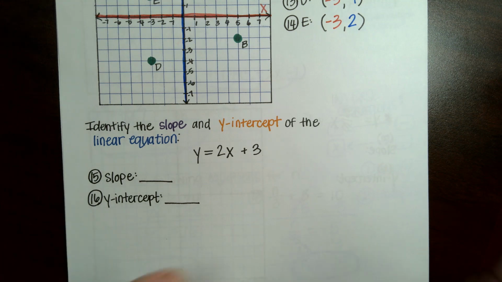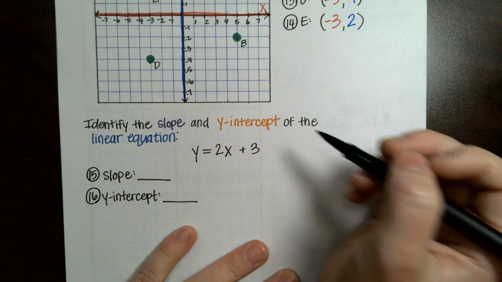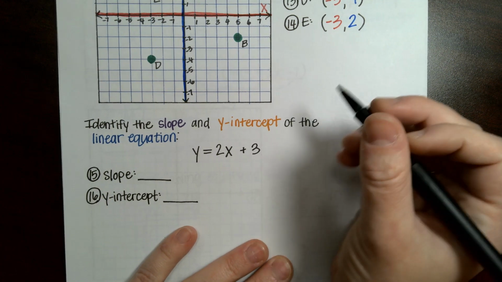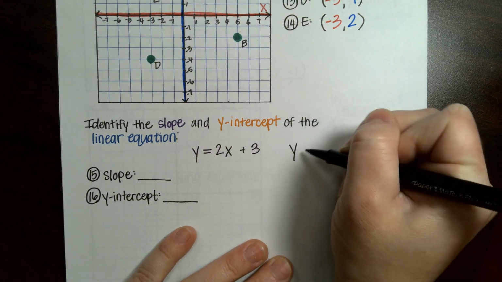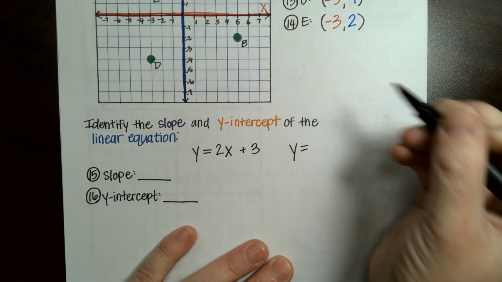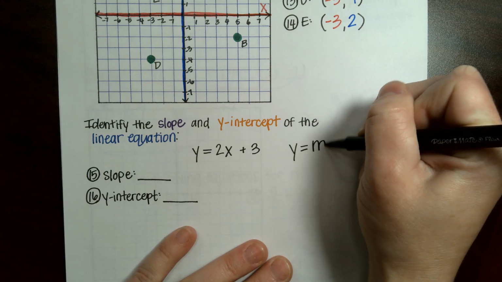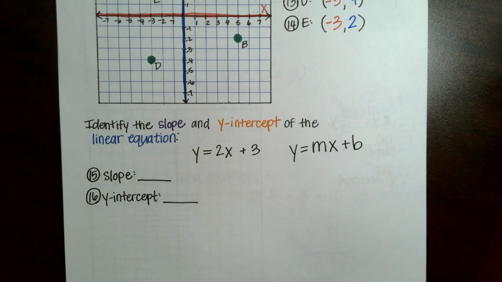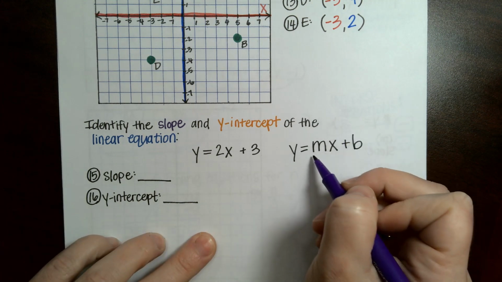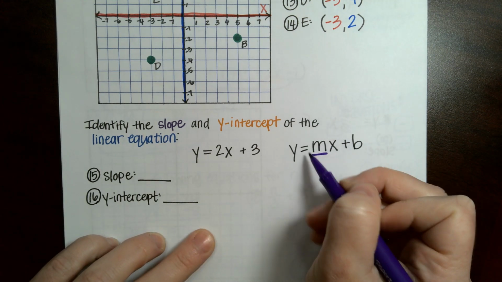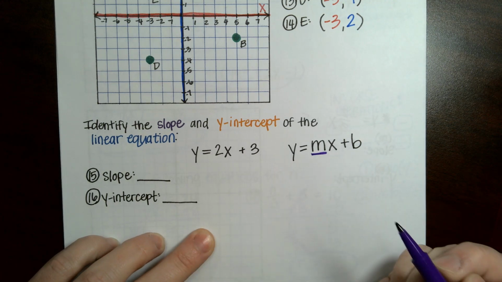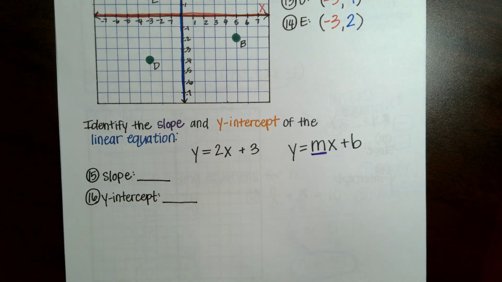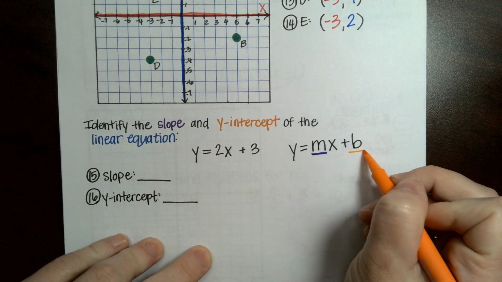Let me give you a little key or a guide, and this is just going to be like plugging in pieces of a puzzle. An equation is just y equals mx plus b. Okay? So your m is going to be a number multiplied by x, and your b is going to be some number by itself.